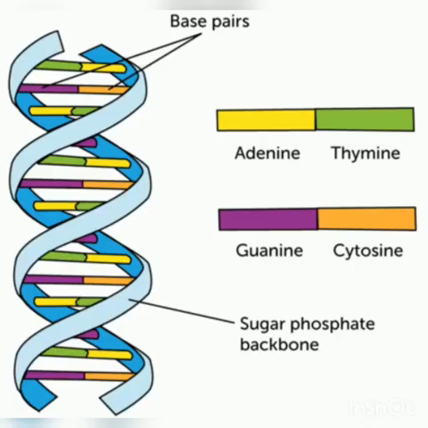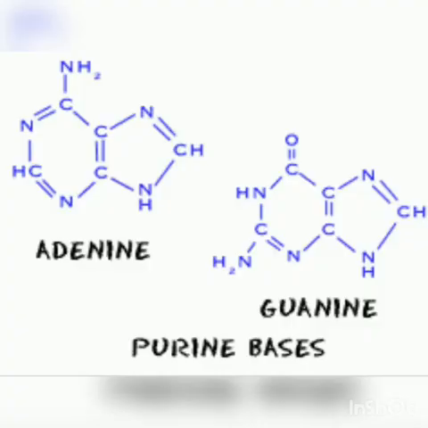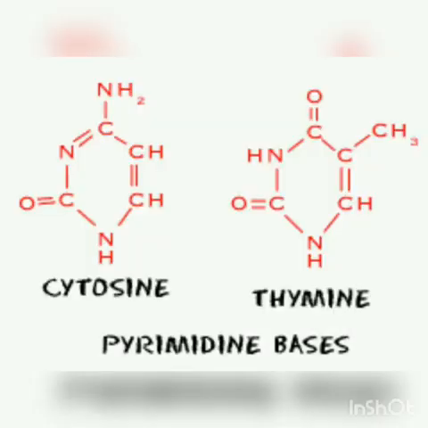Two of the bases, adenine and guanine, have double carbon-nitrogen ring structures and are called purines. The bases thymine and cytosine in DNA have a single ring structure and are called pyrimidines.